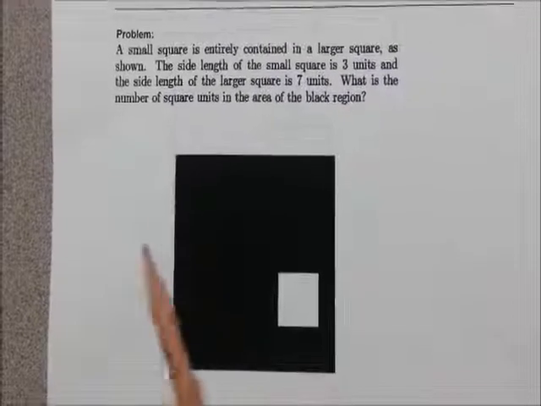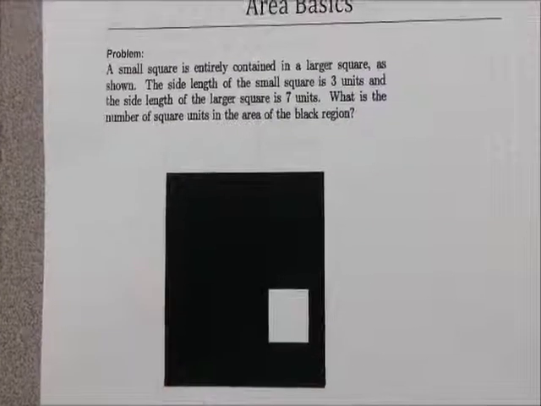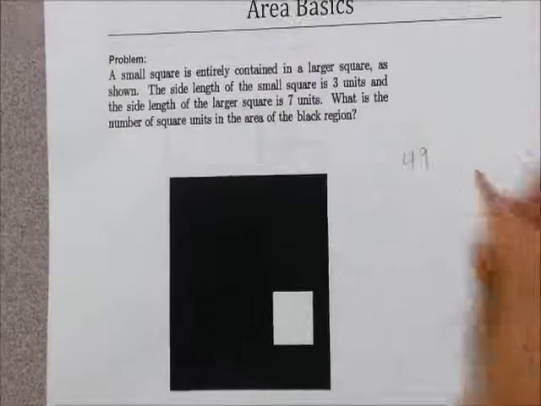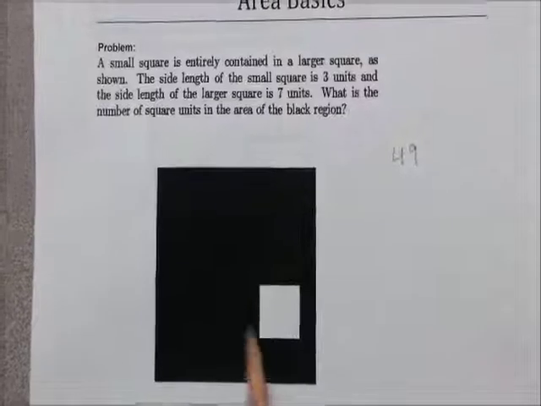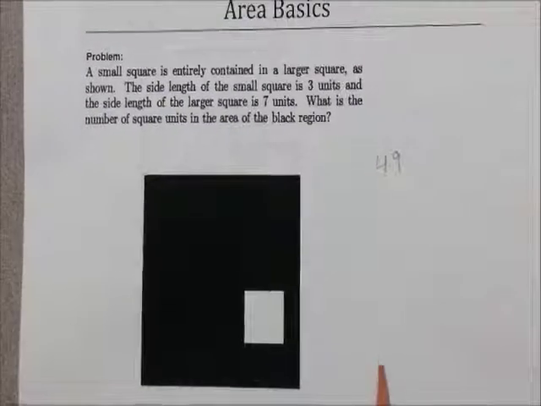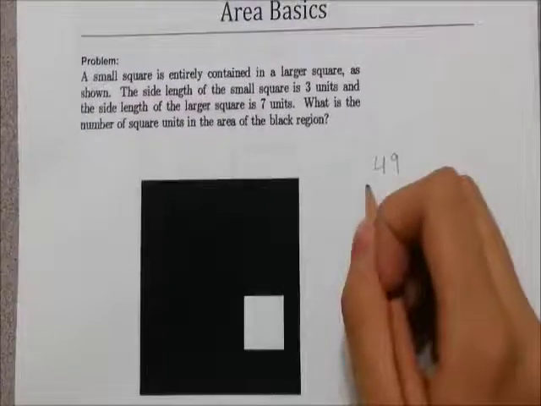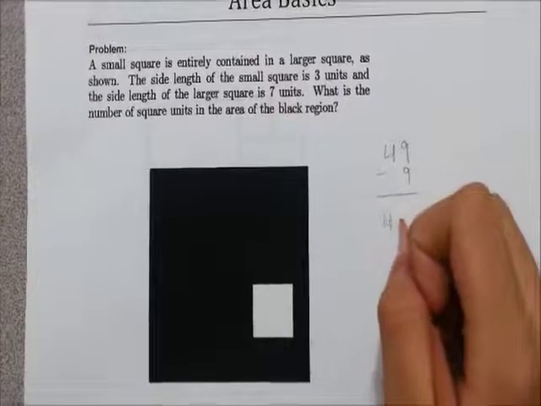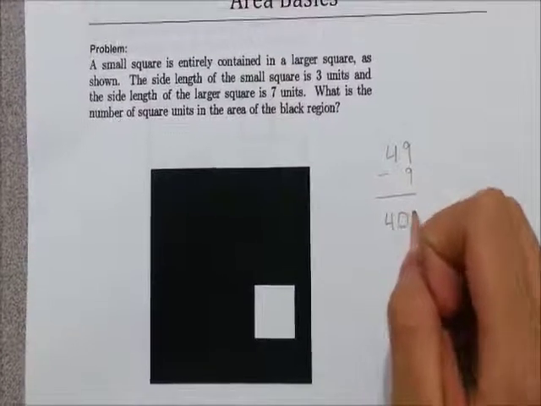And base times height is 7 squared, or 7 times 7, which is 49. And now you have to take out the white region, which is 3 times 3, or 3 squared, which is 9. So the area of the black region is 40.